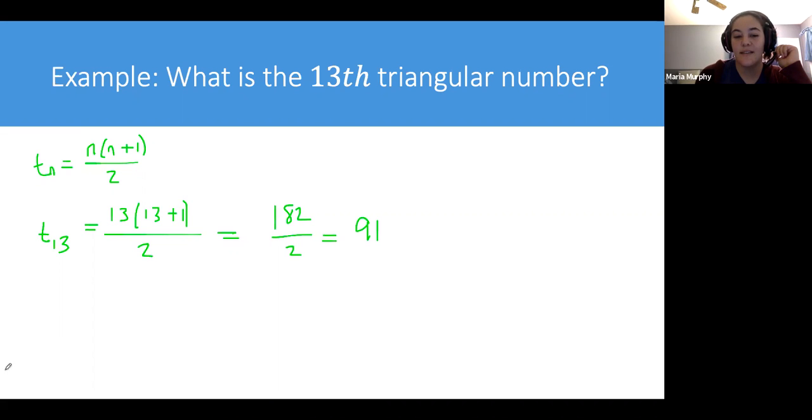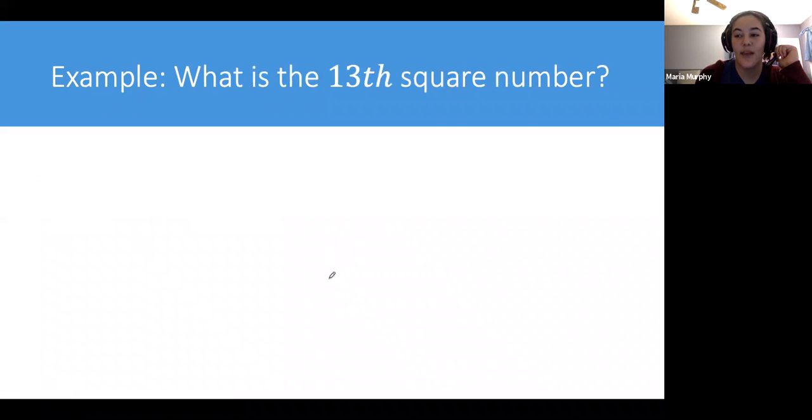Yeah, okay. So how about another practice? What is the 13th square number? I'm not giving you any formula for this one, okay? Does anyone want to share how they solved this one?